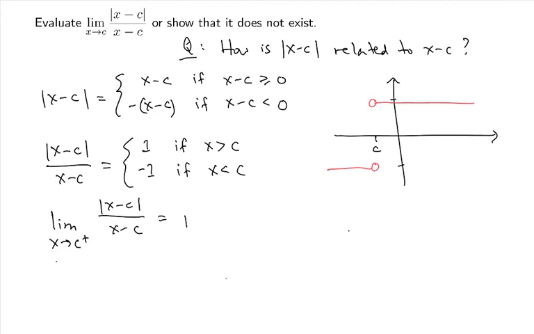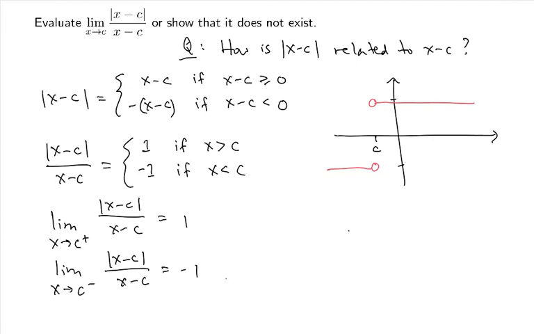On the other hand, if we look at the limit as x approaches c from the left of the same function, x is coming along the x-axis from the left, approaching c, and you can see that the limit is equal to negative 1.